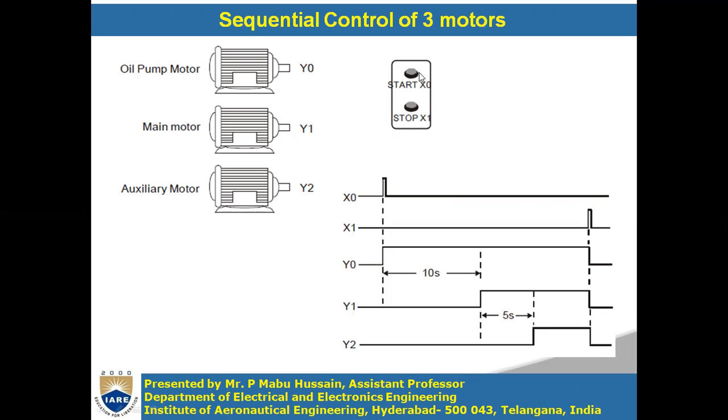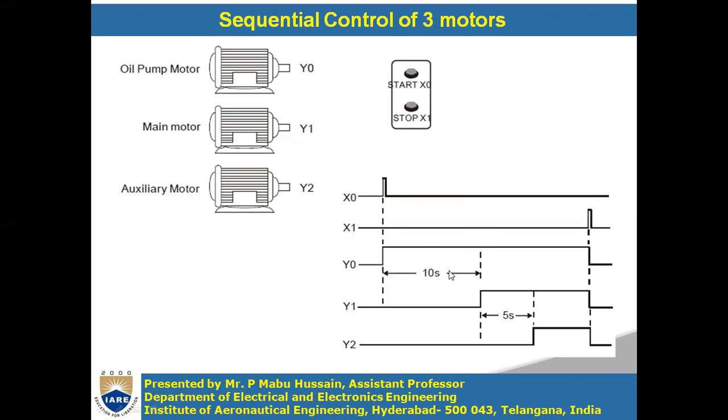Whenever you see the diagram here, whenever I press the start button and X0 is on, Y0 will be on first. Y1 and Y2 will be in off mode only. Y0 will become on and wait for 10 seconds.